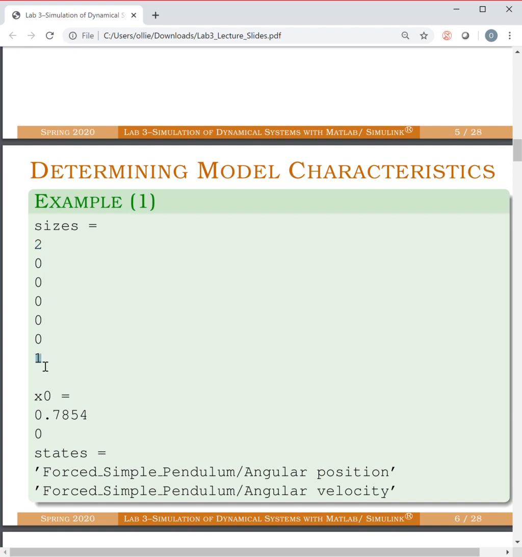And the 1 down here tells us if the Simulink model is continuous or discrete, and 1 means it is continuous. Here are the initial conditions that are entered into those integrator blocks. And the states are our position and velocity, just as we expect.